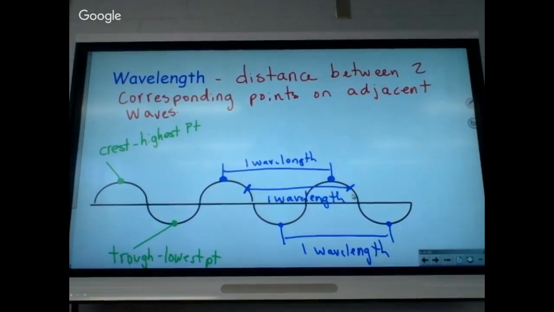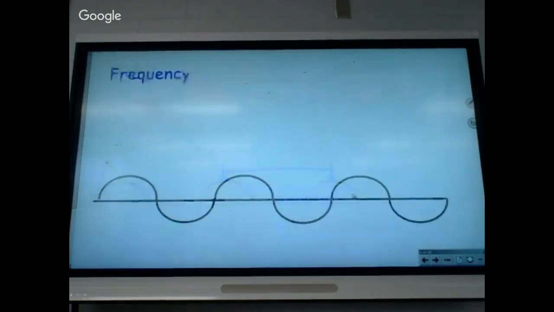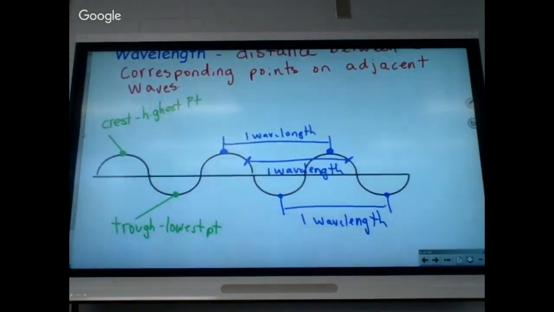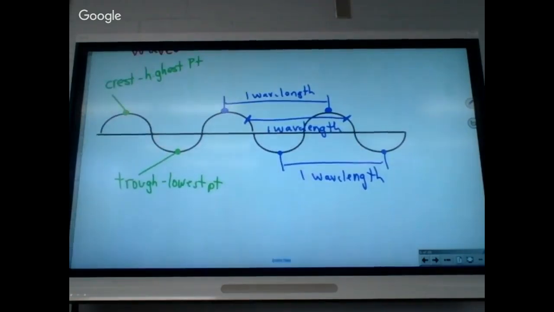All right. Everybody good on that? All right. I need some more stuff. So we need a unit because this is going to go with our wavelength calculation.